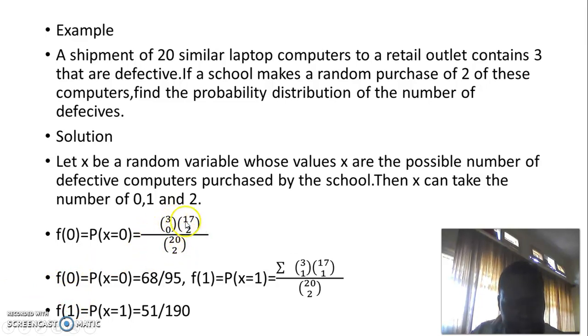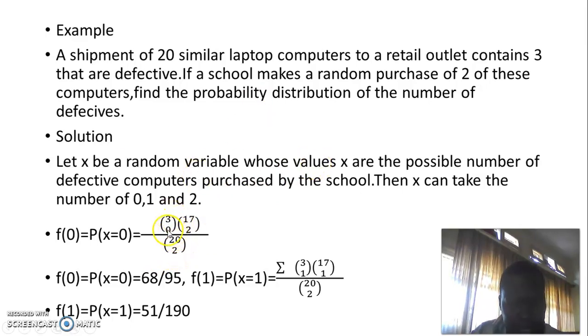It is equal to C(3,0) times C(17,2) over C(20,2).